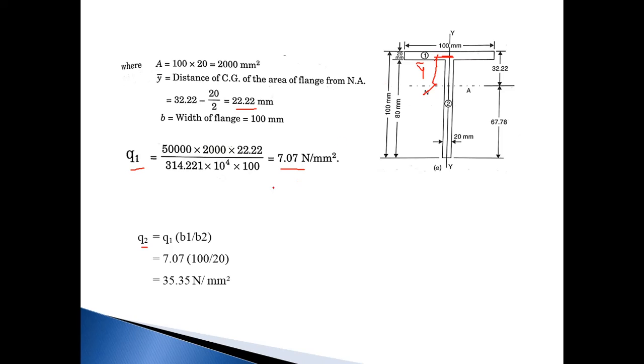B1 means flange width, B2 means web width. So Q1 is equal to 7.07. Now B1 is 100 mm and B2 is 20 mm. So B1 by B2 into Q1 is 35.35 Newton per mm square. This is the value of Q2.